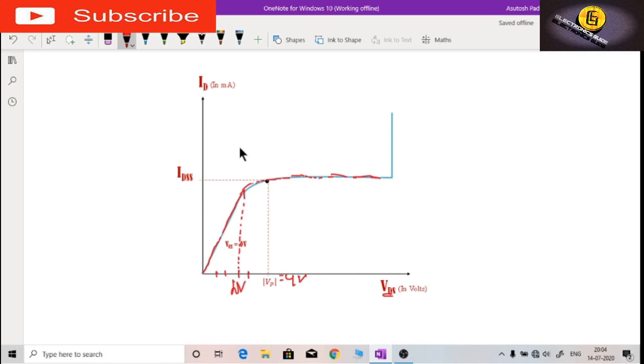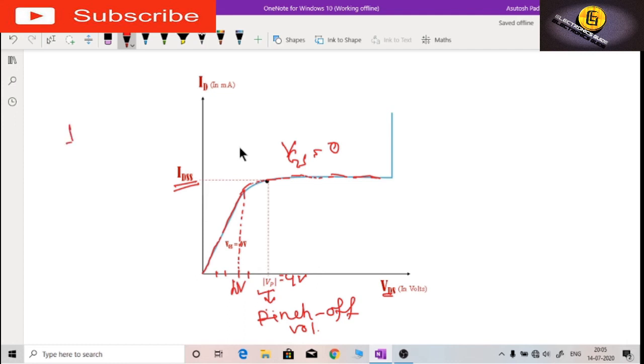Now, the voltage after which the ID value won't increase, that voltage is known as VP, that is pinch off voltage. The highest value of ID when VGS equal to 0, this is known as IDSS.